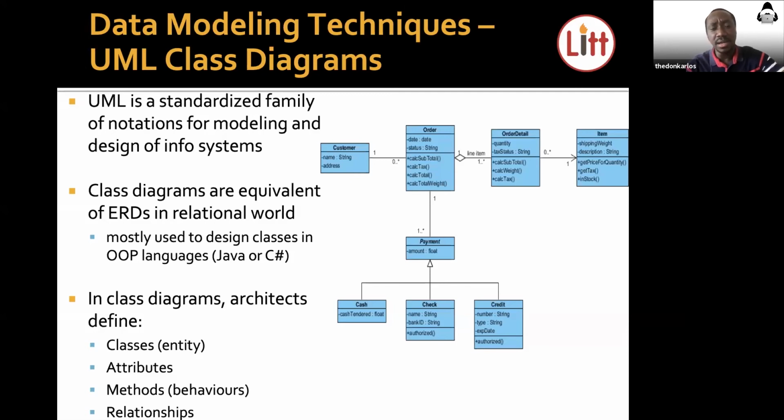In class diagrams, the architects will define the classes, which are the same as or similar to entities. They have the attributes with the data types, then the methods or the behaviors, then the relationships that exist amongst them. Then the third technique is the entity relationship diagrams, which we'll be focusing on most of the time.